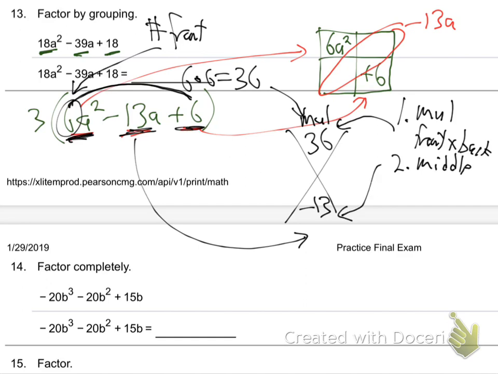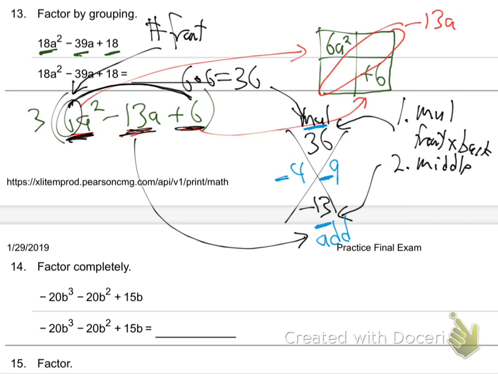Now use your calculator. What times what is 36? 6 times 6 won't make 13 though. 4 times 9. What signs do they need? Remember, they have to add to be the minus 13 and multiply to be the plus 36.